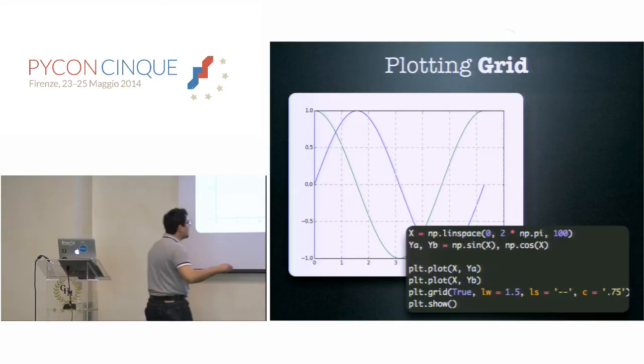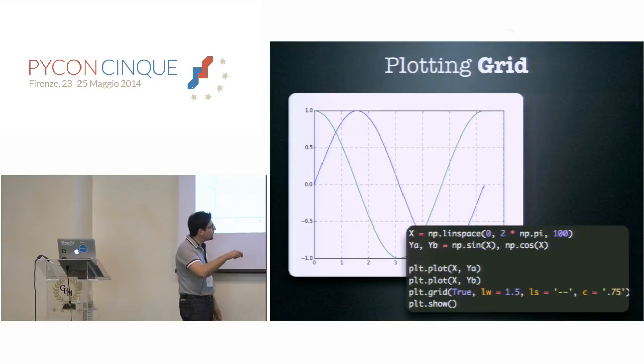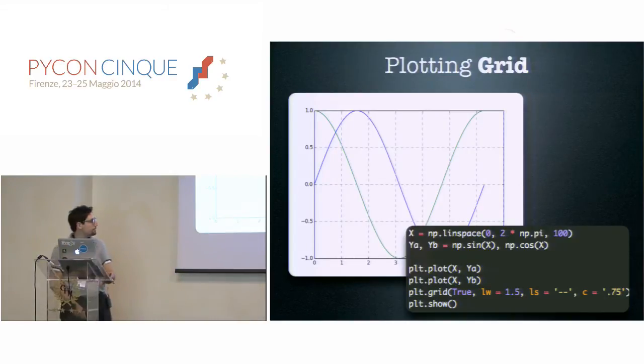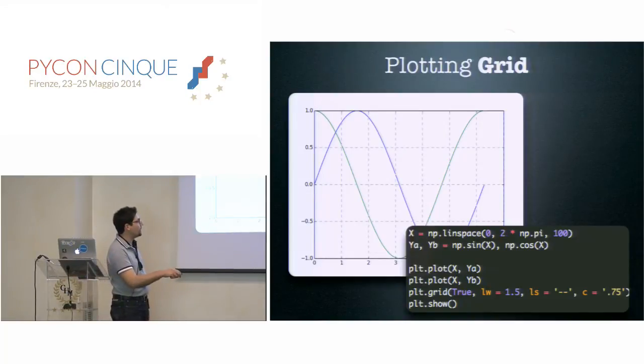So we may add all the customization we want before the show function is called. And we got it. Okay. In this case, the grid has a line width of 1.5, and it is drawn with dashed lines. The color is 0.75 black, which means a sort of light gray. Okay.